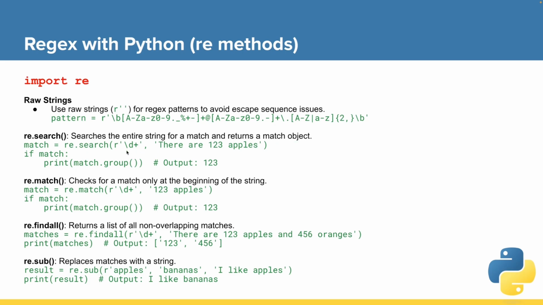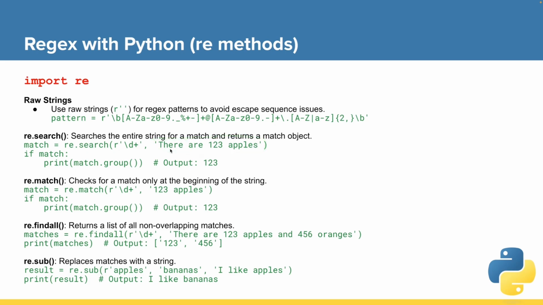So here we see there are two parameters. We're calling the search method with our parentheses following the search method, raw string, and then quotes, and within the quotes is our regex expression. So we're trying to match one or more with the plus sign, one or more digits. And then the second parameter of our search method is the actual string we're searching.